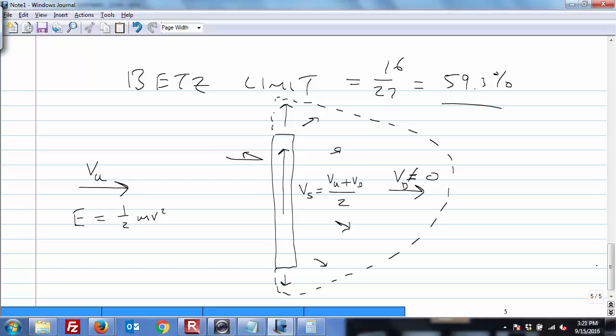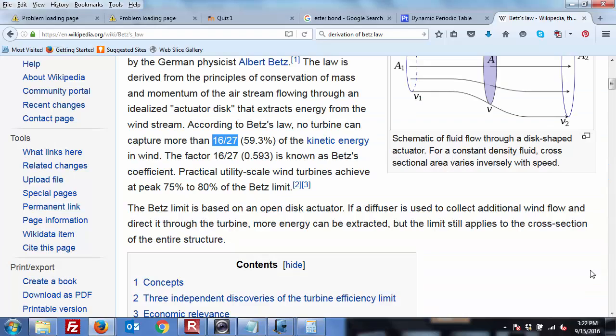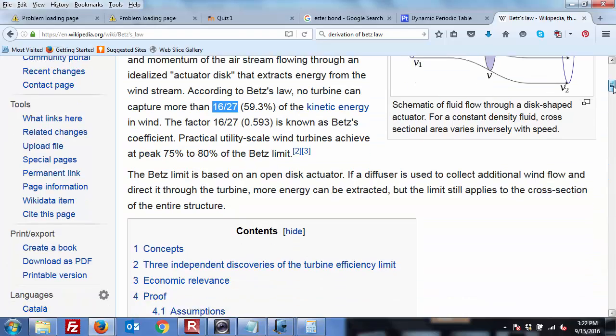Okay, but back to the problem. The equation we're going to look at, I'm just going to grab it out of the book here. There are a couple different ways to derive this. Let's just go out to Wikipedia here.